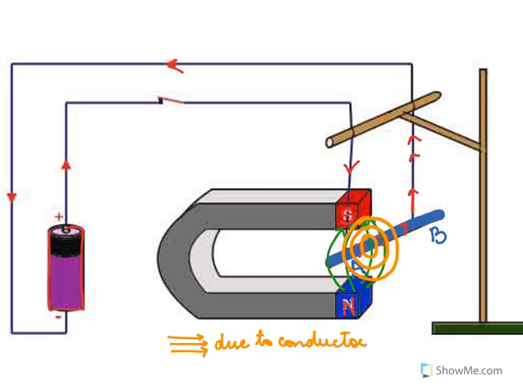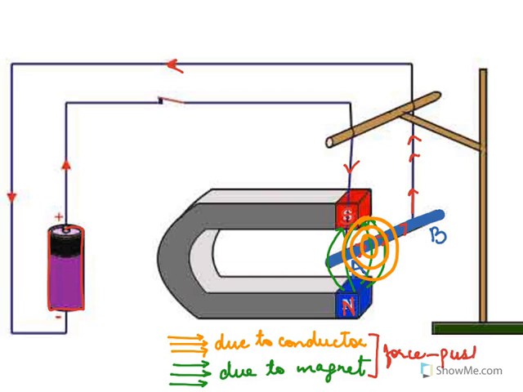The yellow magnetic field is due to the conductor, and the other one that we have marked in green is due to the magnet. When both these fields interact, a force will be produced, and this force will push AB. And hence, whenever we keep this current carrying conductor in a magnetic field, the conductor is pushed, is moved to one side, because it experiences this force.